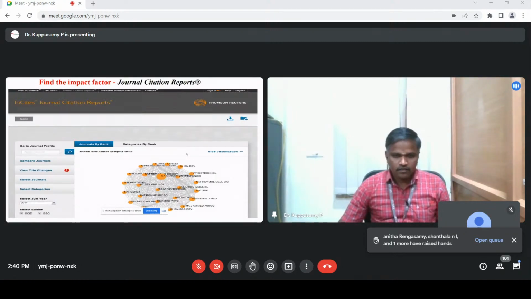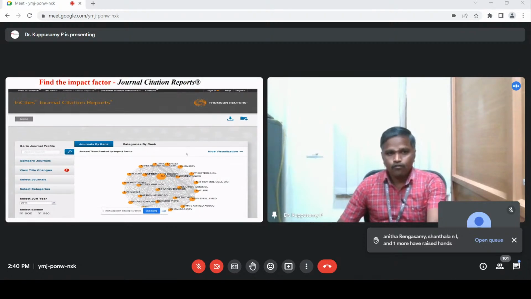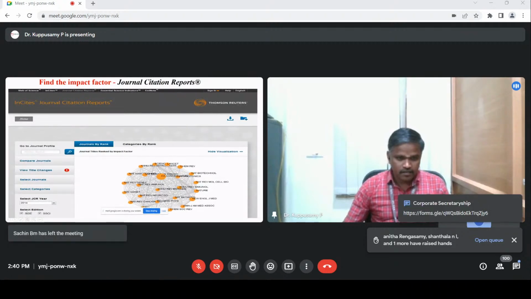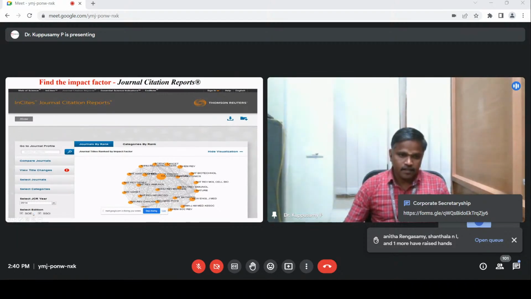So this is the way to check category wise. Here we can check category wise and select journals. This is an old web page, actually, which was taken long back. Here we can check, this is the Social Science Citation Index, and this is the Science Citation Index Expanded, E for expanded.